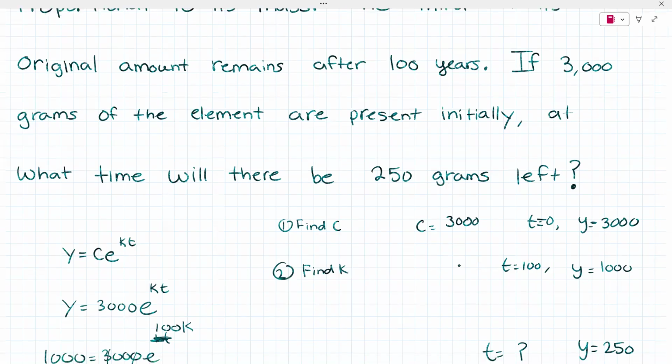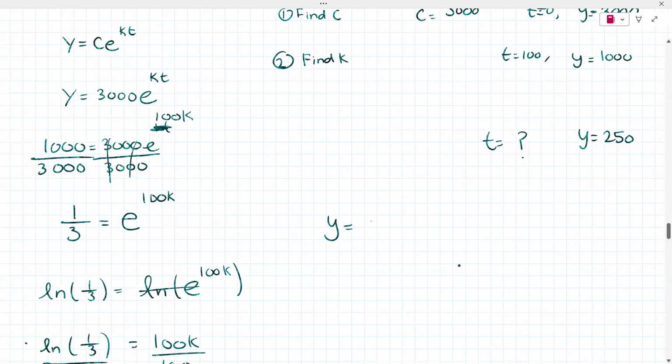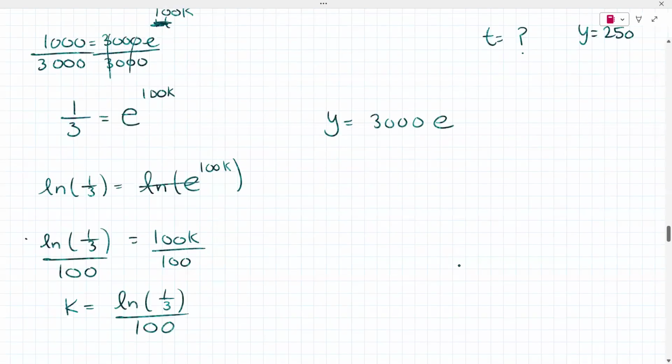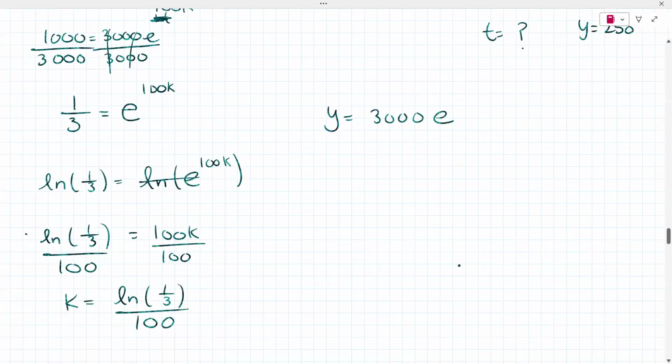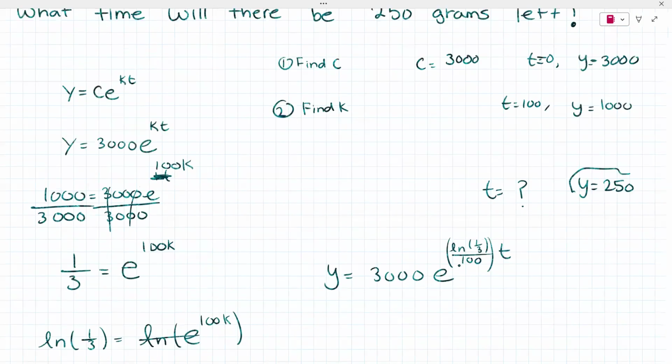So our equation is going to be, our C value is 3000, e, and then our k value is ln of 1/3 over 100 times T. Okay, and then we go ahead and solve for T. So when the Y value is 250, replace Y with 250.